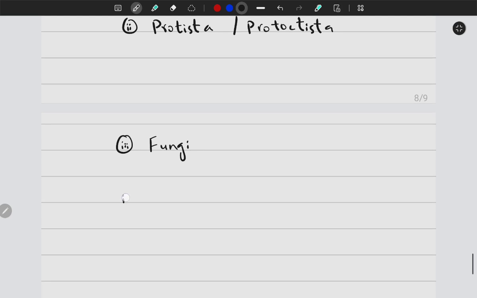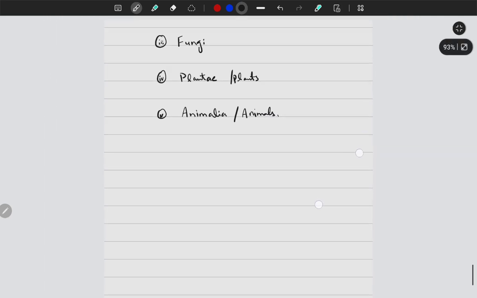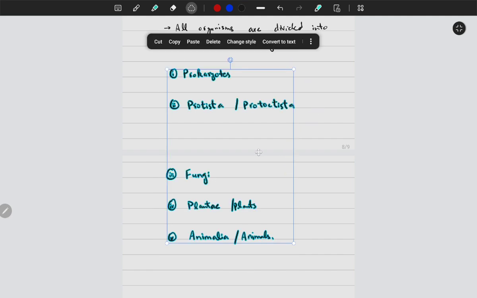Number 4, we have plants or kingdom Plantae. And number 5, we have animals, kingdom Animalia. So these are plants and these are animals, including humans.